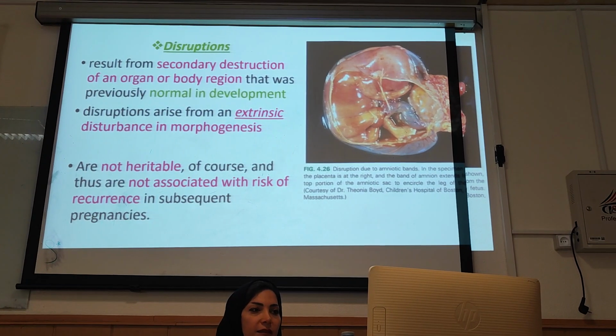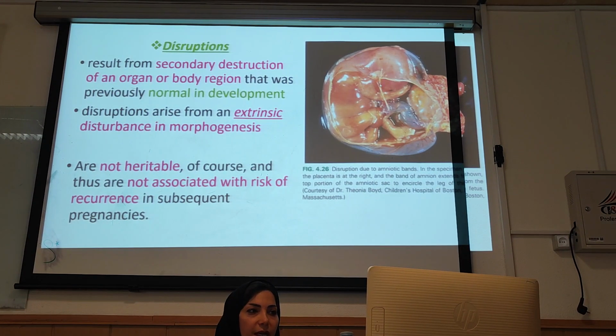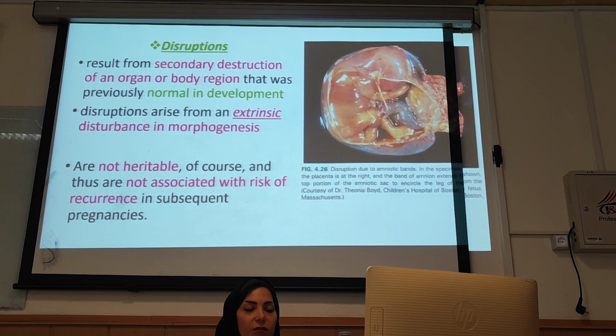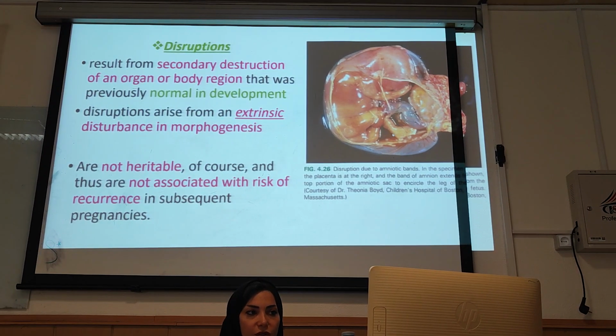A thin band is separated from the amniotic membrane and encircled around the limbs of the fetus or around the umbilical cord and leads to insufficient perfusion.